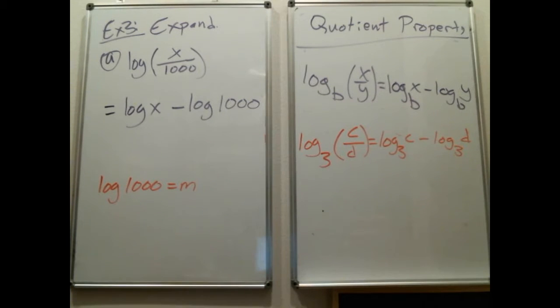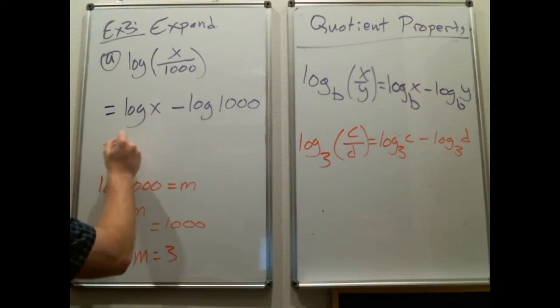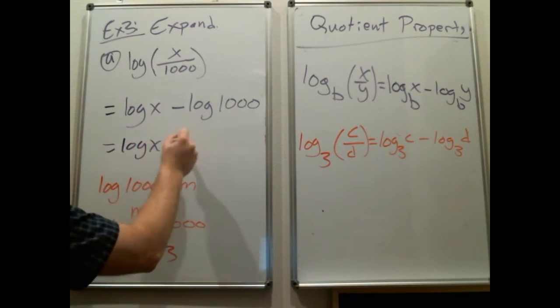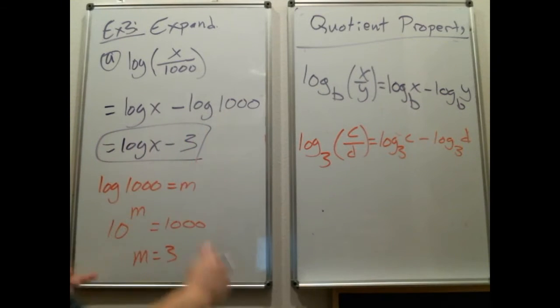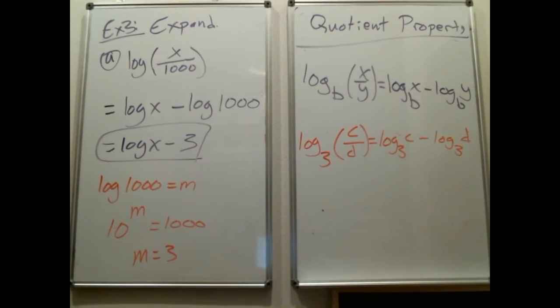I'm just going to call it whatever letter. So my base is 10, my exponent is m, and that's equal to 1000. So m has to equal 3. And let's replace that with 3. So that's the answer you get.